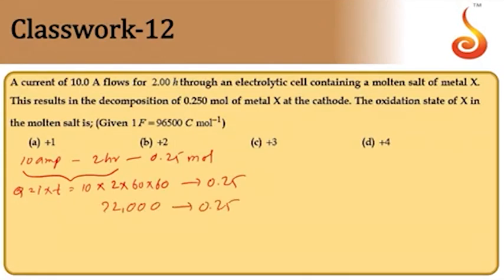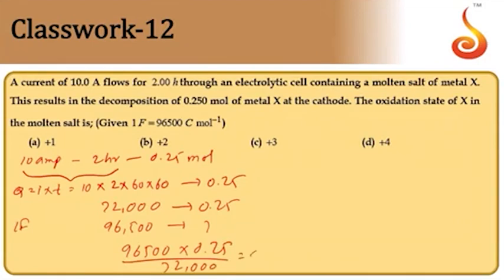So therefore 1 Faraday, that is equal to 96,500 coulombs, deposits how much? Cross multiplying, that is 96500 into 0.25 by 72000.